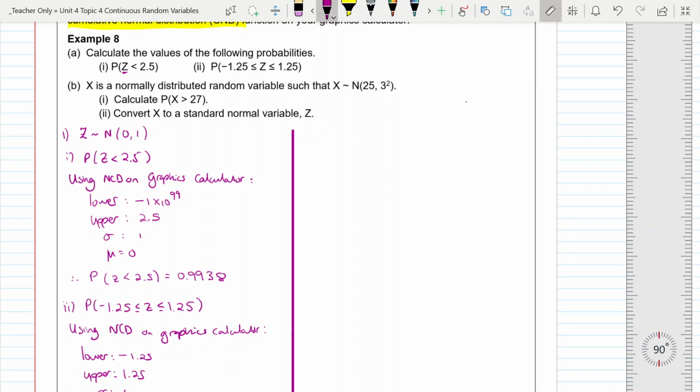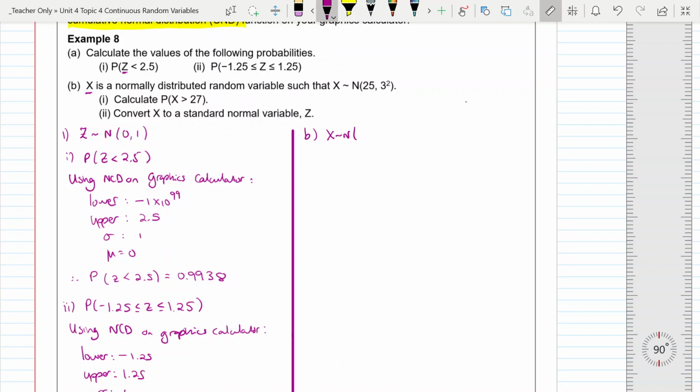Alright. Now X is normally distributed, and just now we're working with X's, such that X is approximated by a normal distribution in 25 and 3 squared.